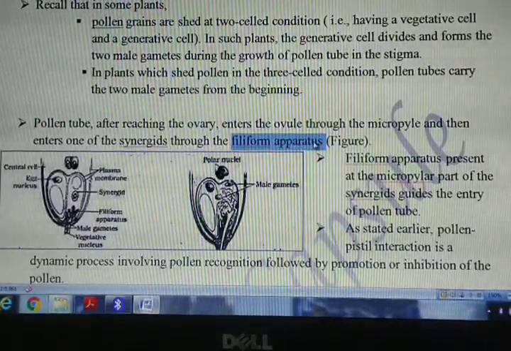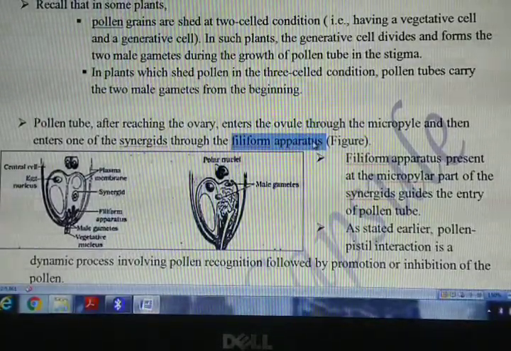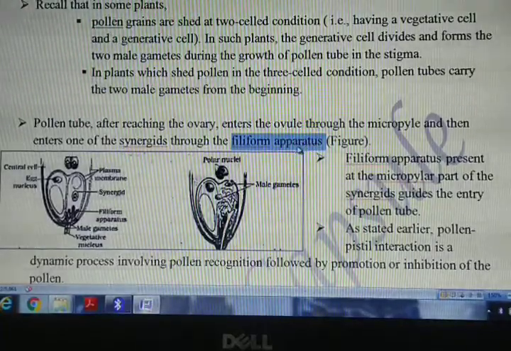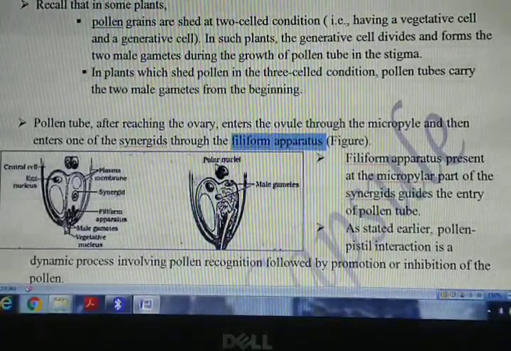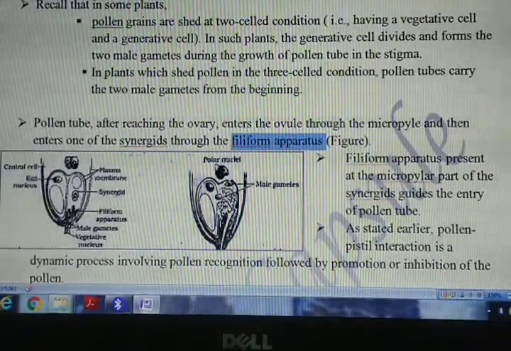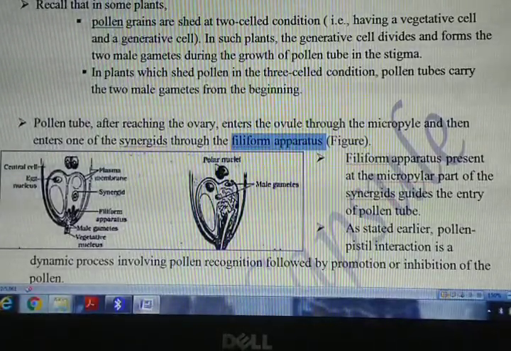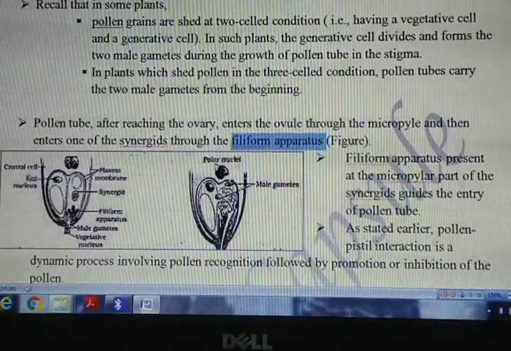Now this filiform apparatus, what is its function? It guides the entry of the pollen tube, so that the pollen tube can enter and release the 2 male gametes.